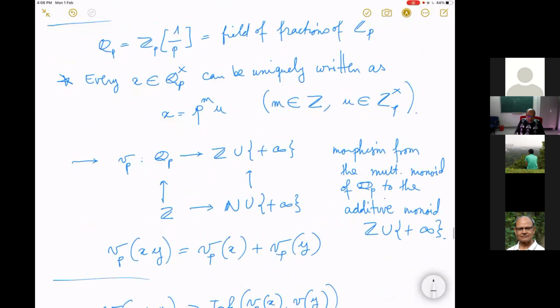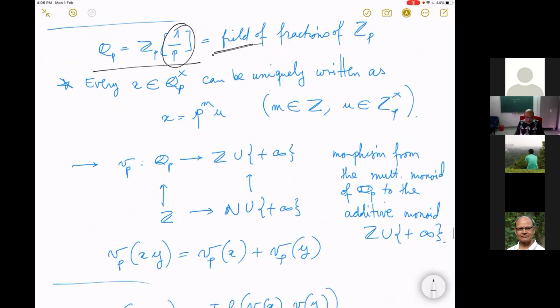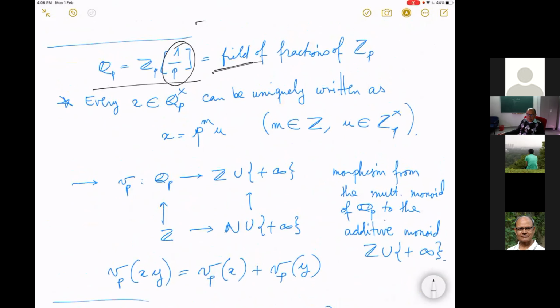So now we come to the definition of the field QP. It is just obtained from ZP by inverting the element P. It is a field because P is the only irreducible element in ZP.